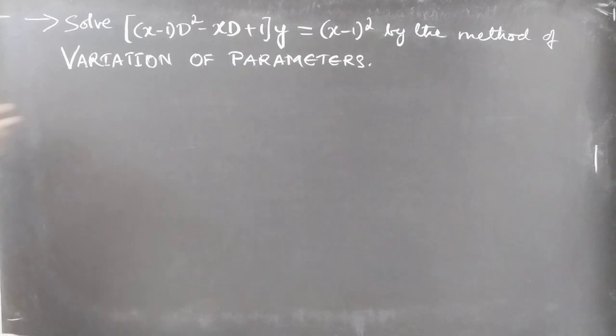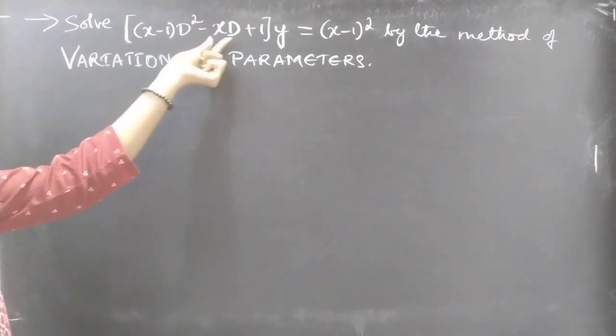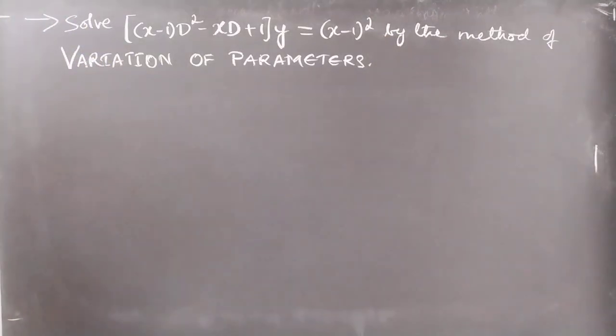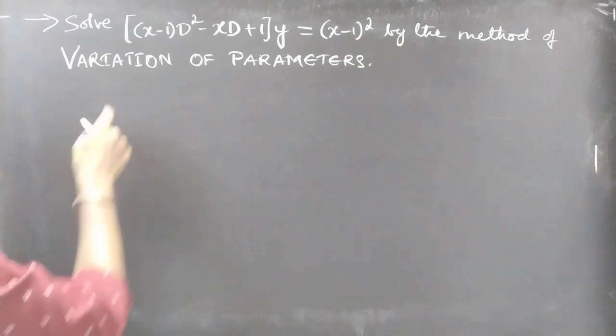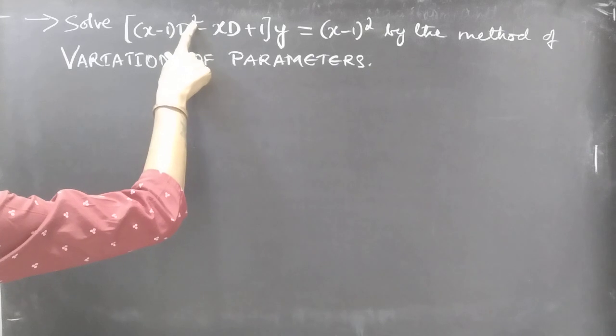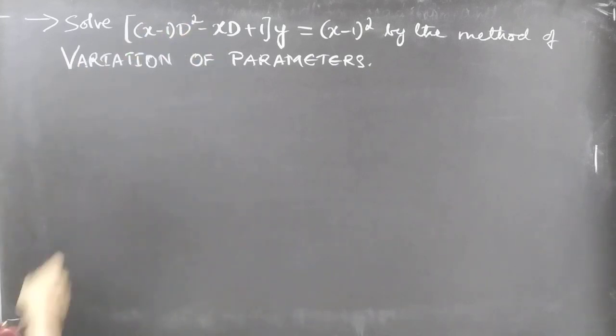Problem: solve (x minus 1) D squared minus x D plus 1, into y equal to (x minus 1) whole squared, by the method of variation of parameters. So here we are given a differential equation with variable coefficients and also this is of order 2, right?